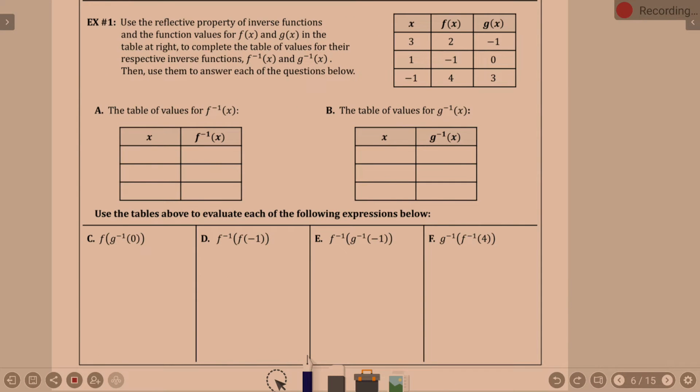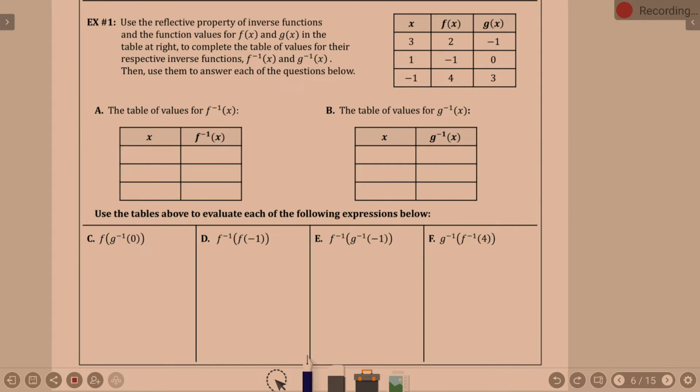Now, in example 1, we're just filling out some table values. Use the reflective property of inverse functions and the function values for f and g in the table at the right to complete the table of values for the respective inverse functions, f inverse and g inverse. Then use them to answer parts C, D, E, and F. For the table of values for f inverse of x, which columns am I going to use?